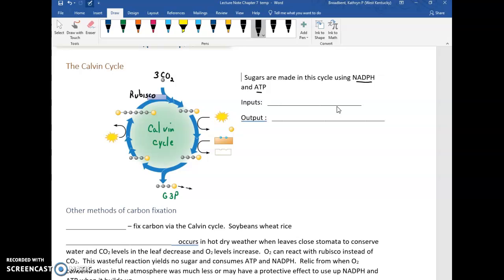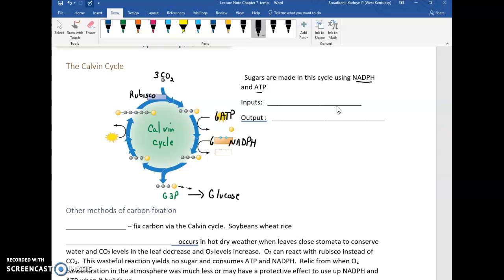We're going to use 6 ATP here and 6 NADPHs. And we'll make this 3-carbon compound, which can then be changed into glucose or other sugars or proteins.